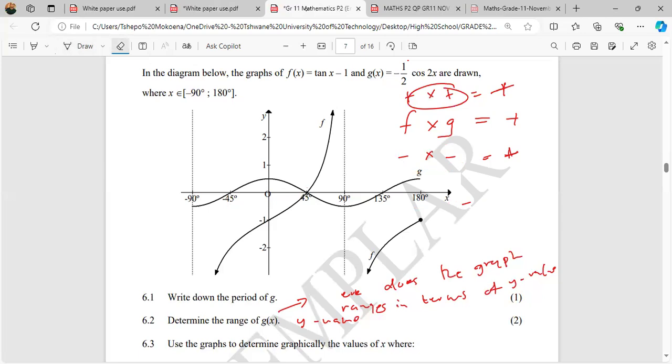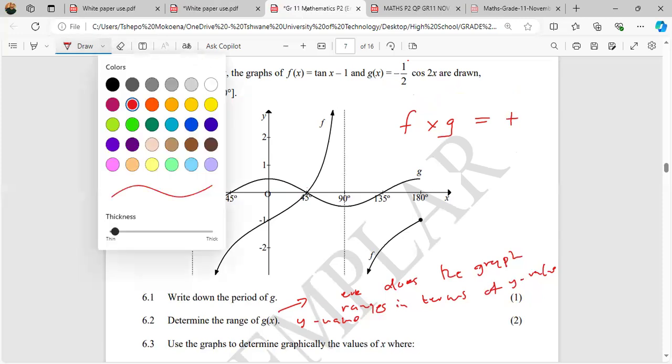Sharp, fine. So our point here is to look where f is multiplied with g to get positive, right? But I'll show you. You don't just look at this graph; it's very important how you look at it.